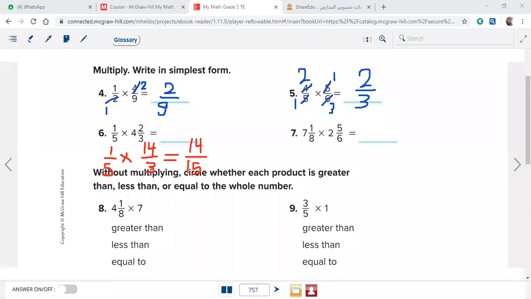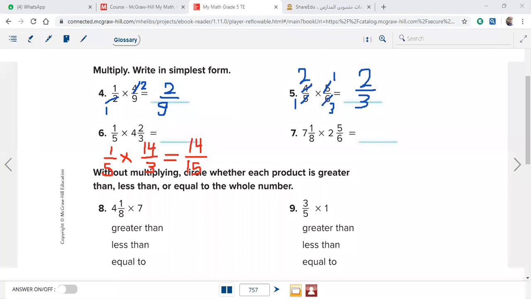Number seven, the same as number three in the homework. As you see, 7 and 1 out of 8 multiplied by 2 and 5 out of 6. I have mixed numbers multiplied, as we learned before, yesterday and the day before. I have to write each mixed number as an improper fraction.